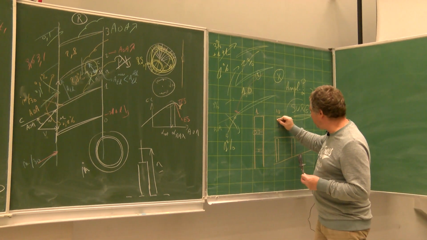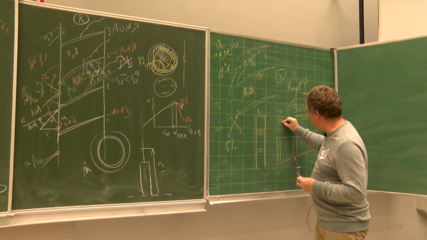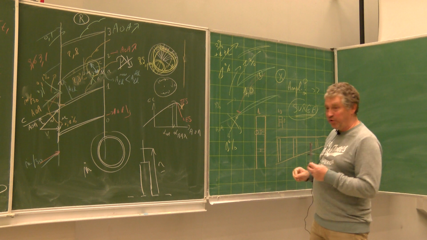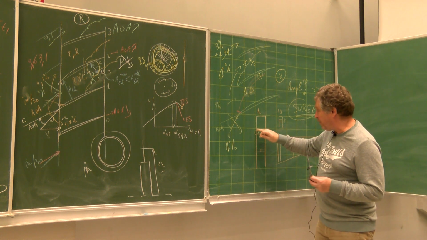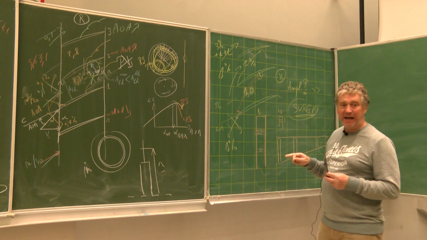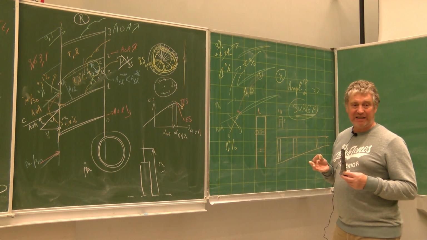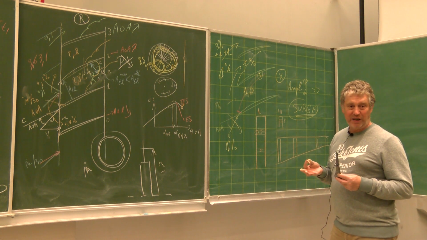If you impact the blade over the same delta R, same delta R here or same delta R there, you see that the situation at the level of the mass flow rate is totally different.